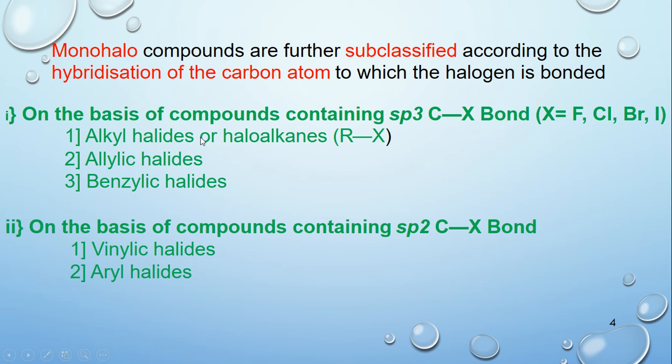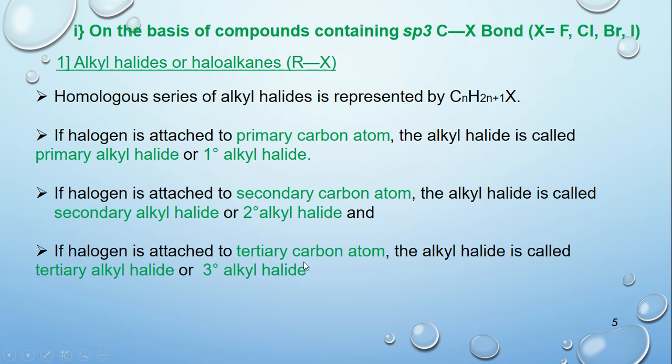In that, we have alkyl halides or haloalkanes, the second one is allylic halides, and the third one is benzylic halides. The second subclass is compounds containing an sp2 hybridized carbon bonded to halogen. In that, the first one is vinylic halide and the second one is aryl halide.